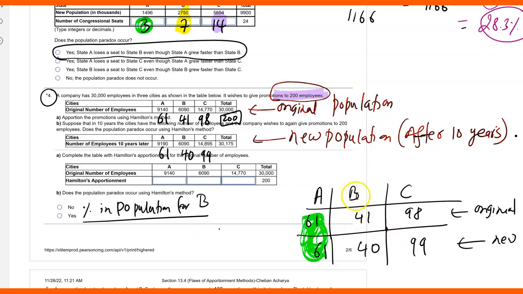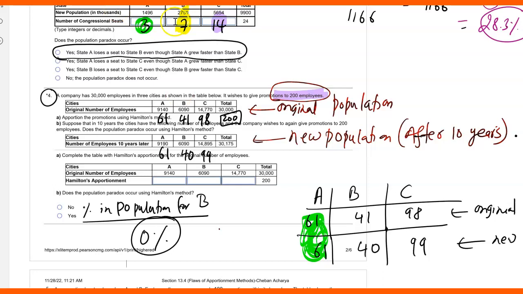But B and C, let's see which grew faster. Notice that B did not grow at all, because look at the population, 60, 90, 60, 90. Therefore, the percentage increase in the population of B is 0%.